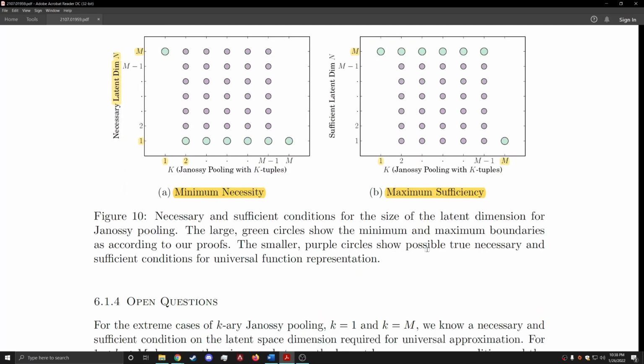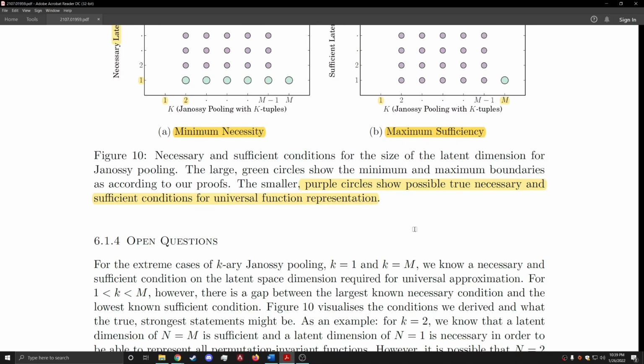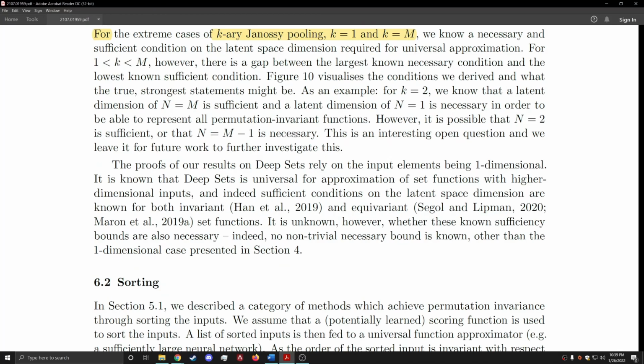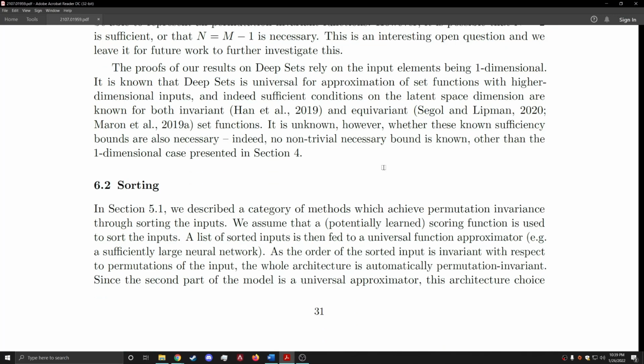But there's a lot of questions here. The smaller purple circles show possible true necessary and sufficient conditions for universal function representation. It's an open area of research that could be looked into. Some other open questions are k-ary Janossy pooling, if we change that, and a couple of other things.